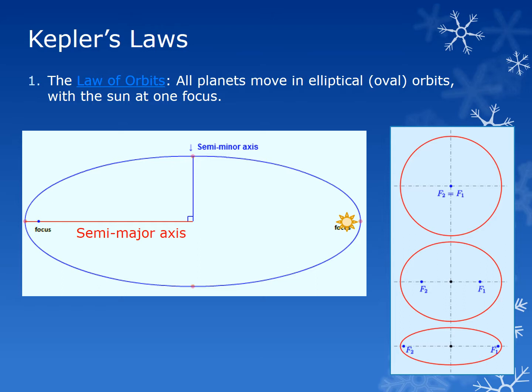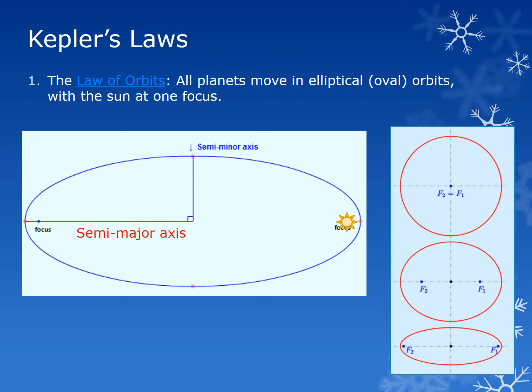You notice as they get stretched out, that bottom one is very stretched out, the focuses have a larger distance for the one at the bottom than they do the one at the top. The one at the top is also called a circle. A circle happens when the focuses of an ellipse are at the same point.